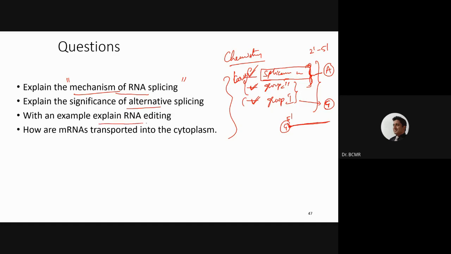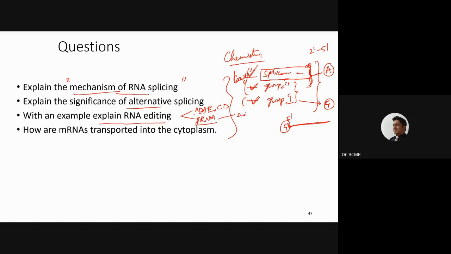And RNA editing, we have discussed modification of the bases in the RNA, and insertions or deletions can also be done using the guide RNA. We learned about ADAR, adenosine deaminase acting on RNA, and cytidine deaminase, and guide RNA, through which insertion can happen.